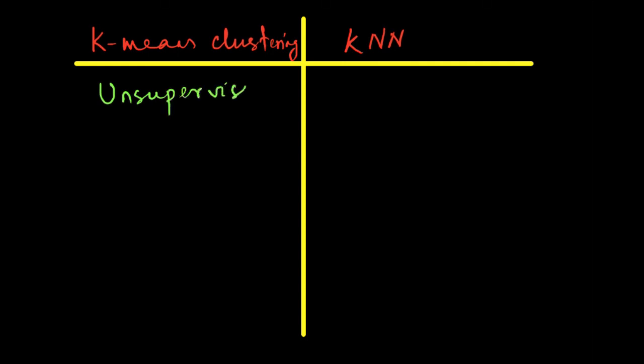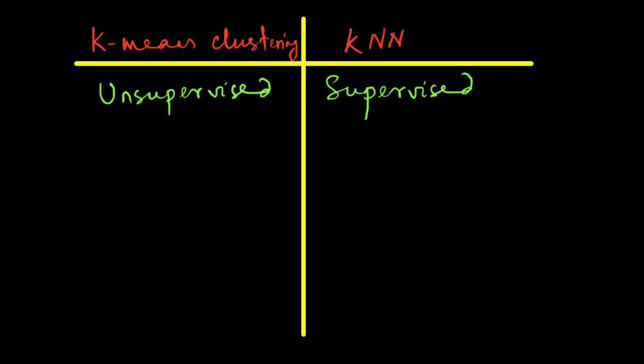So you have the K-means clustering and you have the KNN, which is the K nearest neighbor algorithm. So the first and the most important difference is that the K-means is an unsupervised algorithm and the KNN is a supervised algorithm. That is a very, very important difference.